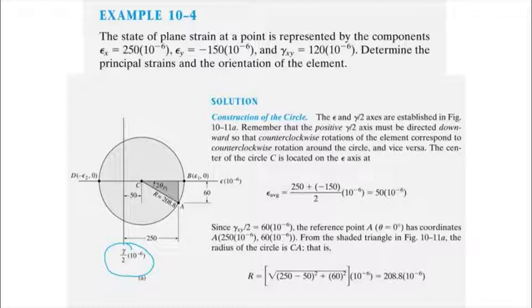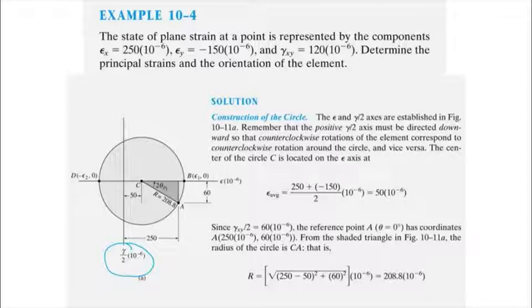Then we plot point C. Point C is the centroid and it is between strain X and strain Y. So we find the average value: 250 plus strain Y minus 150 is 100, divided by 2. So we have 50 microns.